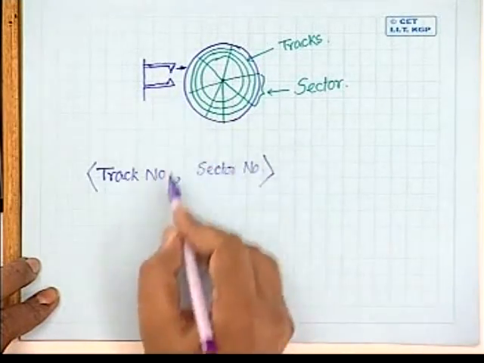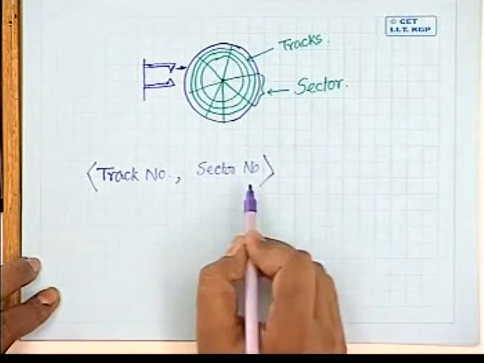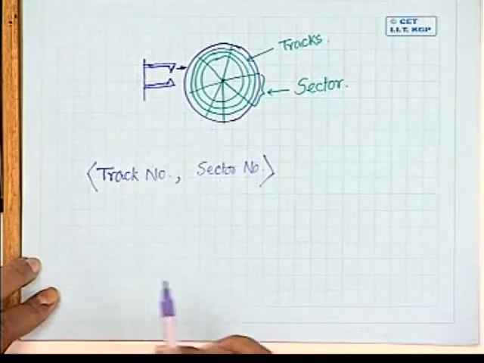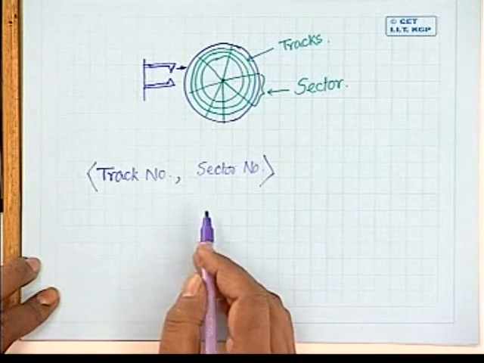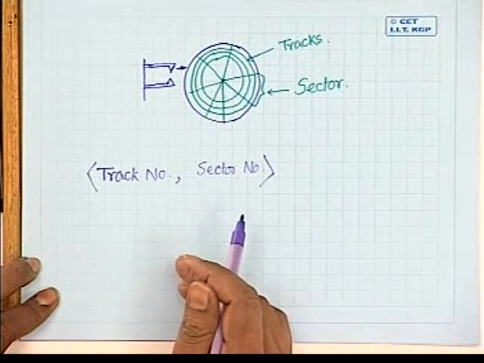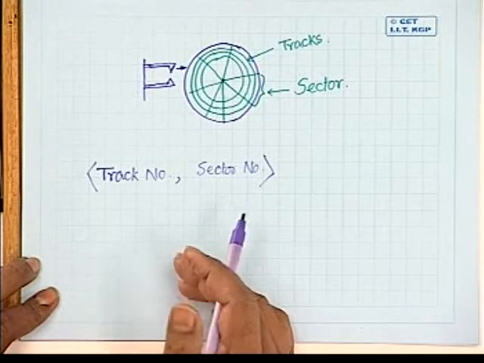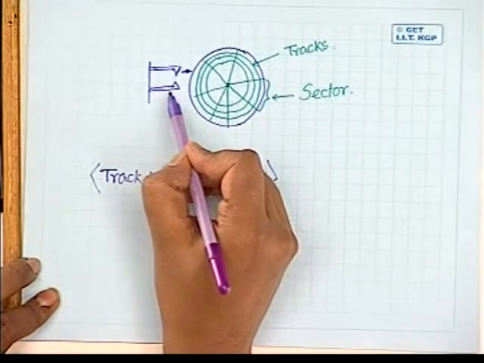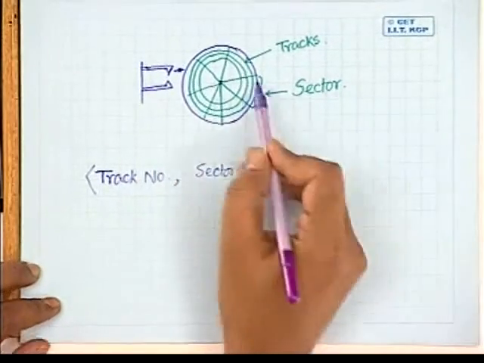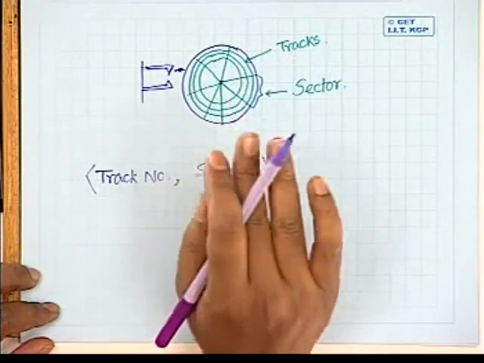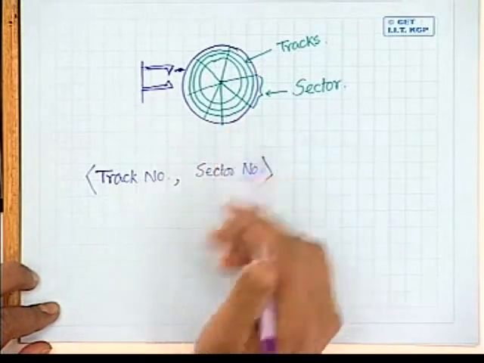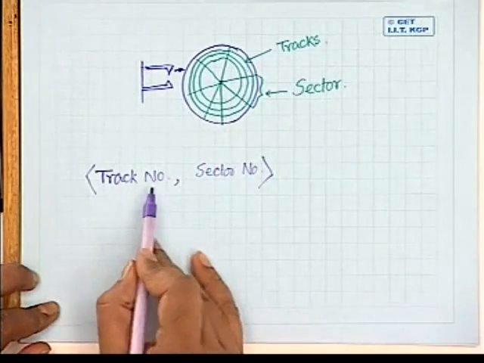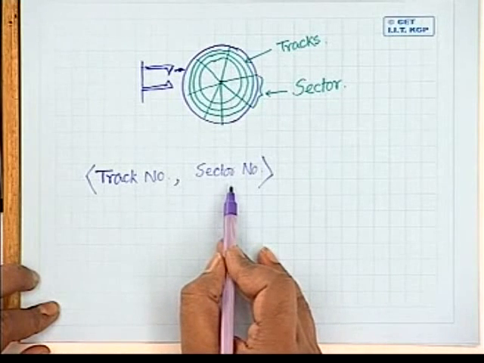Okay. So in case of a double-sided disk, only track number and sector number is not sufficient. I have to have another component of the address, which is the head number. So maybe this is head number 0, this is head number 1. So if you access a particular block on the top surface of the disk, then I have to have head number as 0, then some track number and some sector number.